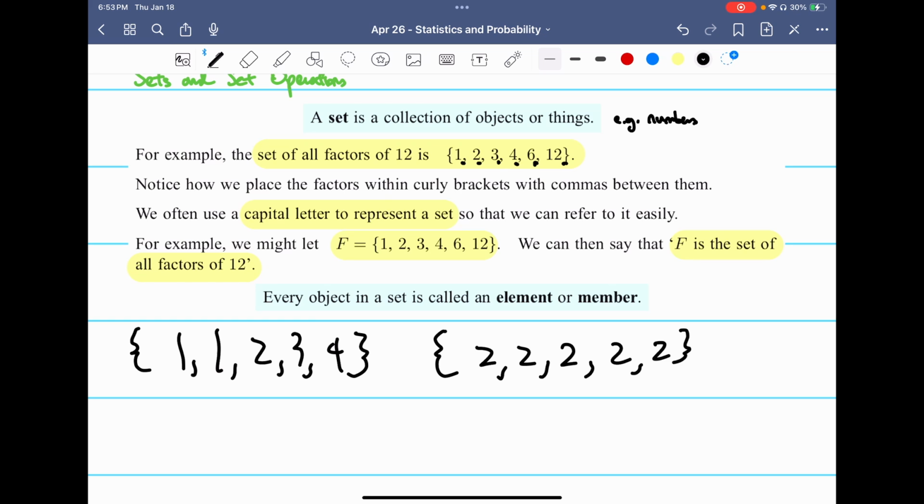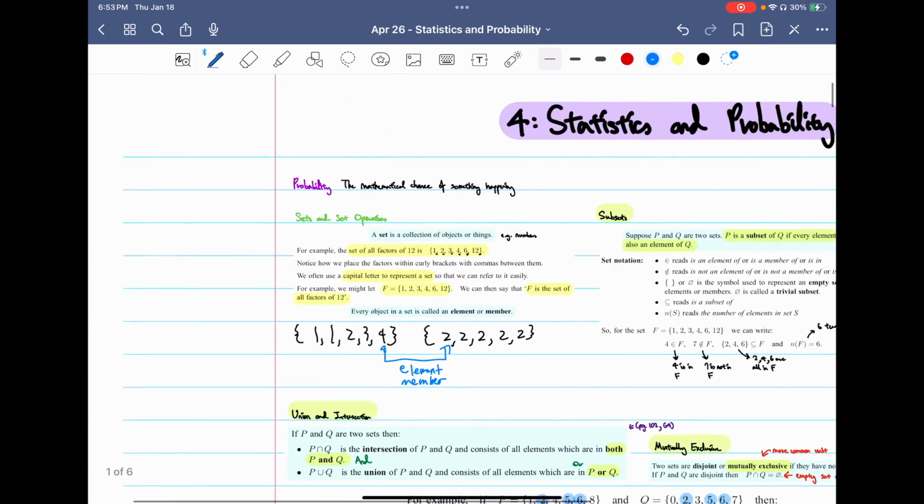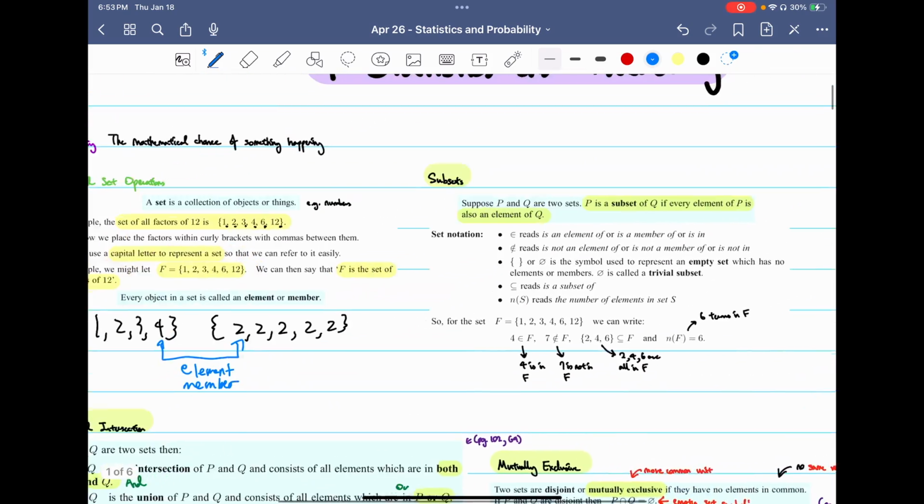So this is not something really complicated. We just call these things sets, and each object in a set is called an element or member. So these things are called elements or members. All right, that's pretty straightforward.